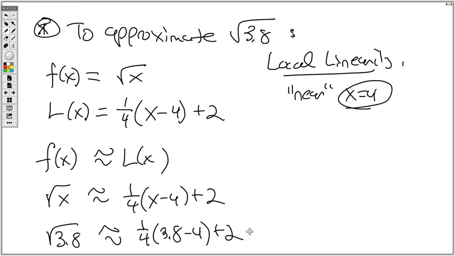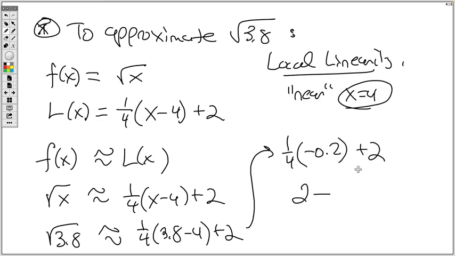Now let's actually work this out. This would be 1/4. What's 3.8 minus 4? Negative 0.2 plus 2. So here's that 2 minus this. Now what's a quarter of 0.2? I'll put the 2 first. What's that?